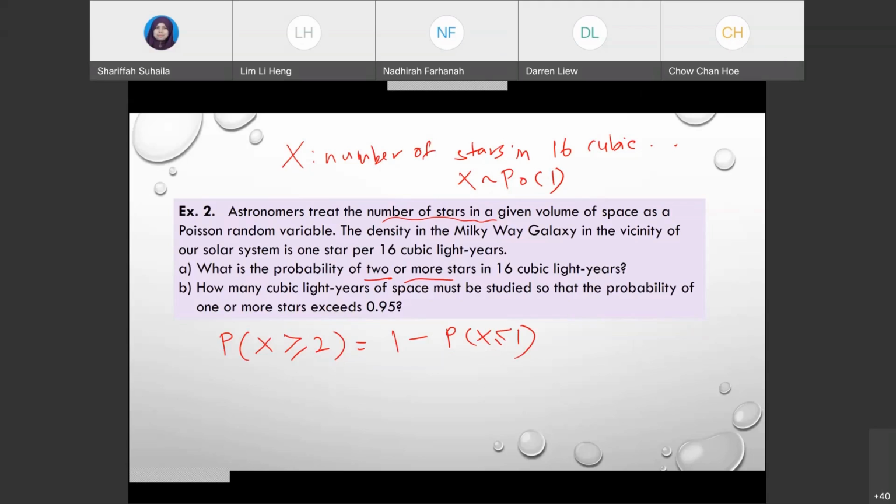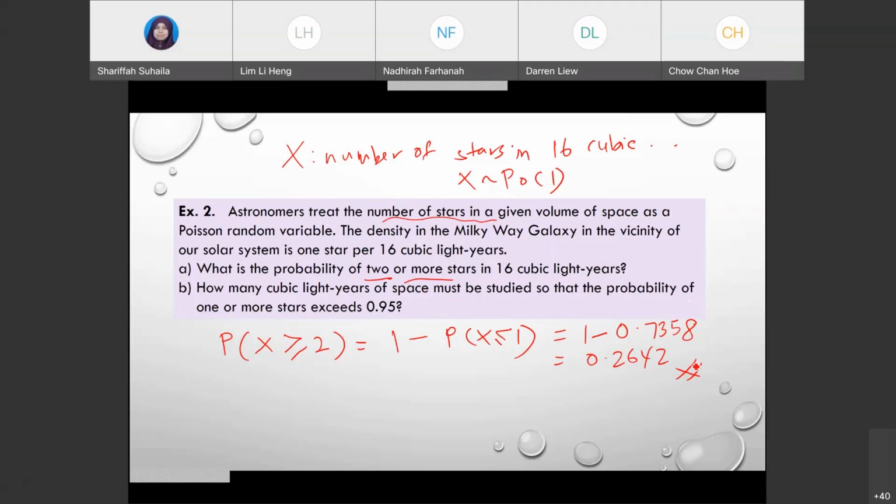Now we use lambda equals to 1. So 1 minus, apa siapa kamu? 1 minus 0.735873, mana tinggal? Okay, 0.7358. So you have 0.2642. Okay, that is the first one.